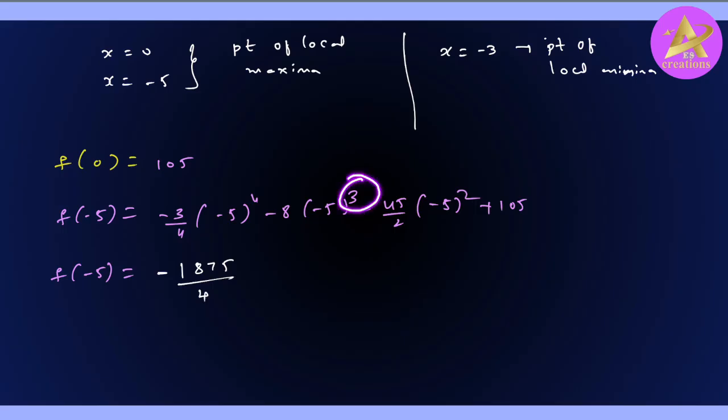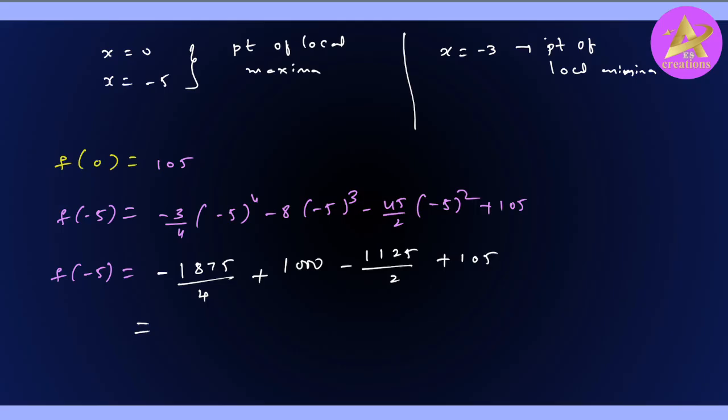Minus times minus becomes plus, and 8 cube: 5 cube is 125, 125 into 8 is 1000. Next, again an even power, so the negative sign becomes positive. 5 square is 25, 25 into 45, minus 1125 by 2, plus 105.